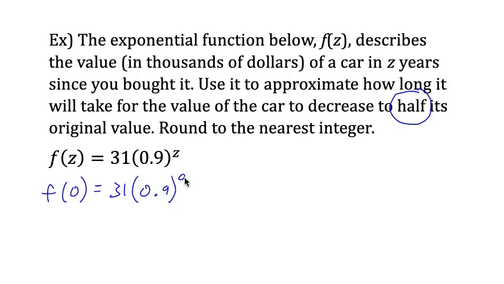Now anything to the 0 power equals 1, and this exponent only applies to the 0.9. So 0.9 to the 0 power equals 1, and 31 times 1 is just 31. This number here was our beginning value, or what the car was worth when we bought it.